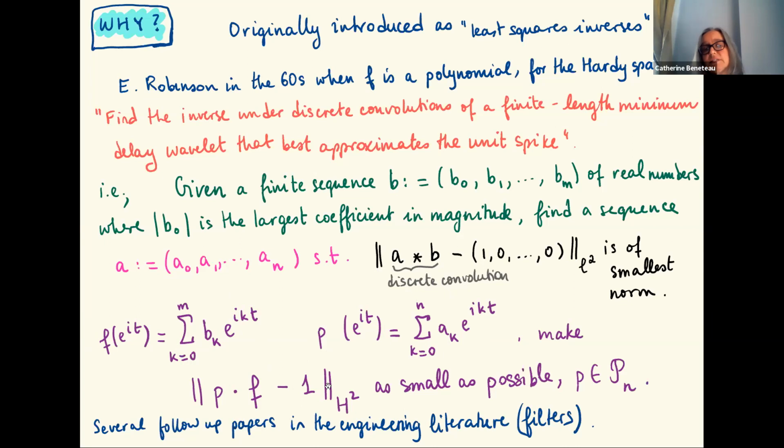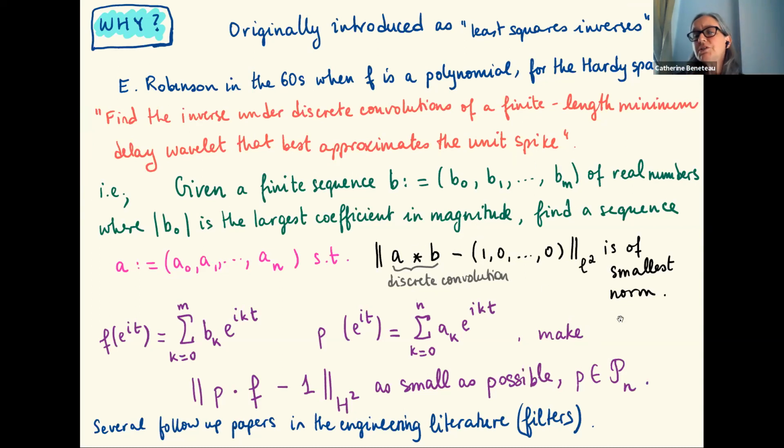So actually this question is exactly minimize ||pf - 1|| for a fixed f for whatever degree you choose. So for each n. So it's actually the same exact problem. It's the problem in H2 and it's the problem for a polynomial, but it's the same exact problem. And they were interested in that. I'm not going to talk that much actually about the applications today. I've given a few talks on that recently, so I'm going to go to the more classical problems.